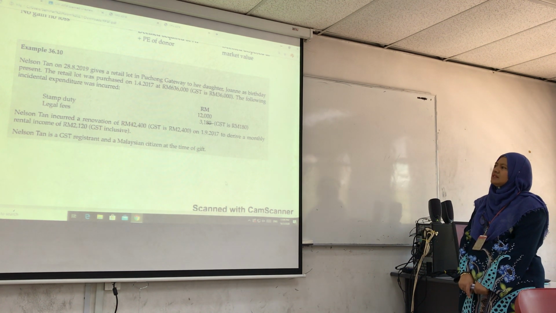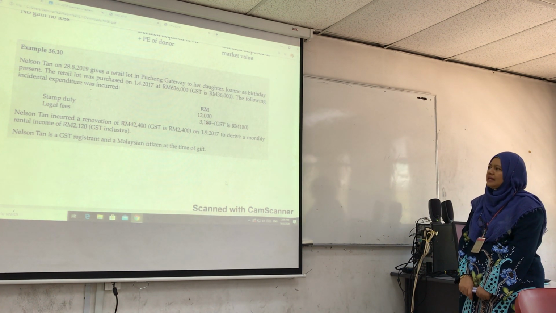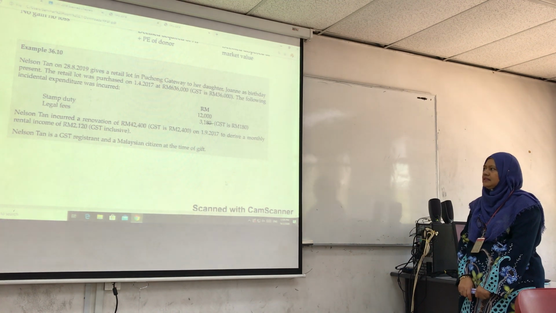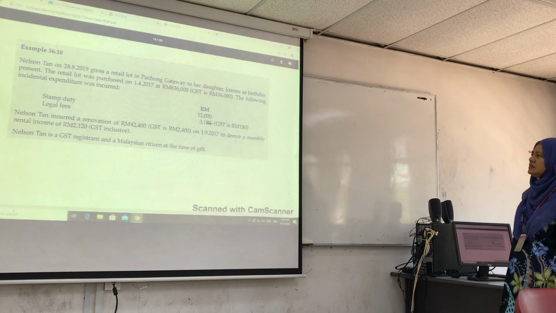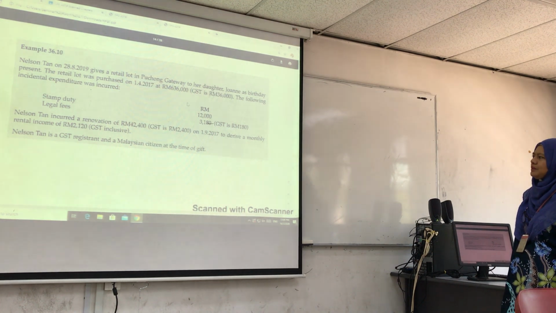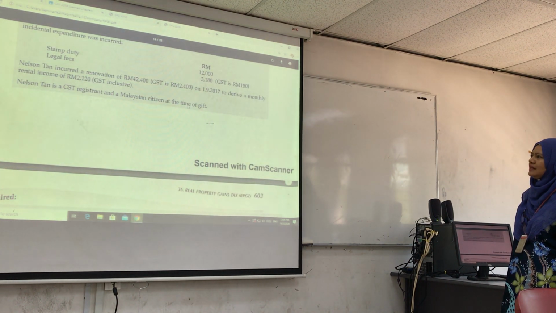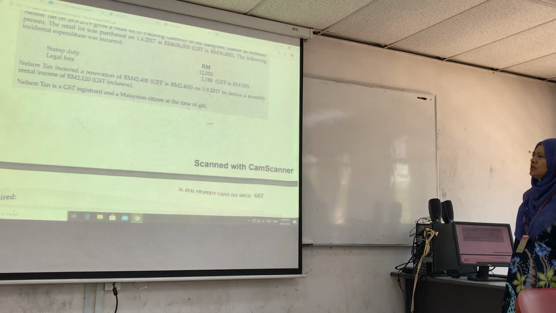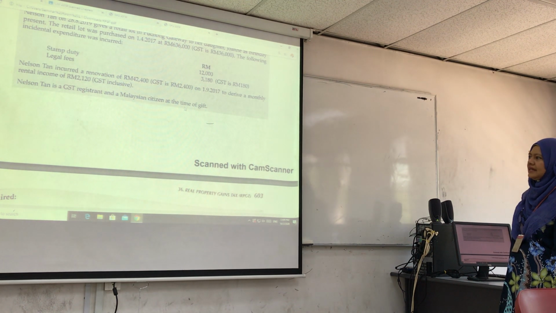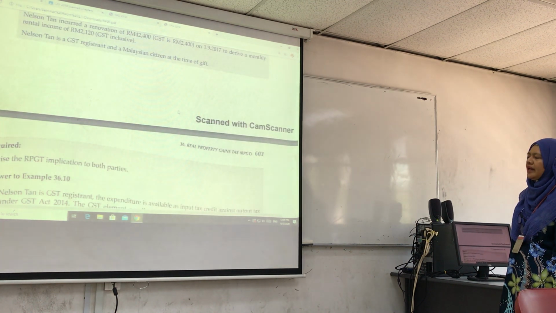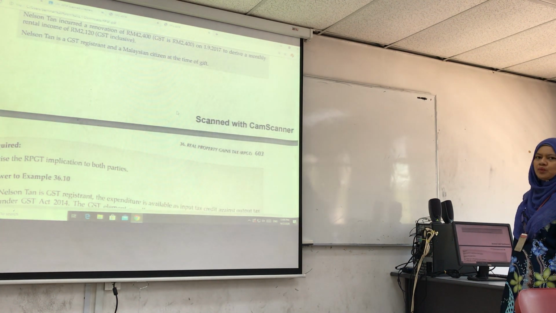The following incidental expenditure was incurred: stamp duty and legal fees inclusive of 180 GST. Nelson Tan incurred a renovation on 1st September 2017 to derive a monthly rental income of 2120. Nelson Tan is a GST registrant and a Malaysian citizen at the time of gift. Required: advise the RPGT implication to both parties.